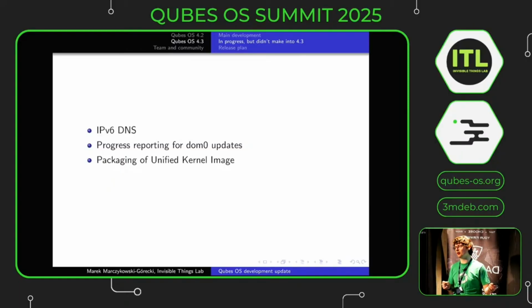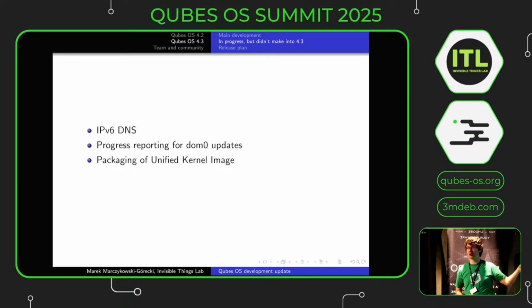This is a problem if you connect to IPv6 only network. I notice this every year at FOSDEM because they have two networks and one of them is IPv6 only. So yeah, I have some workaround, and we have a proper implementation in progress, but unfortunately didn't finish it in time for 4.3.